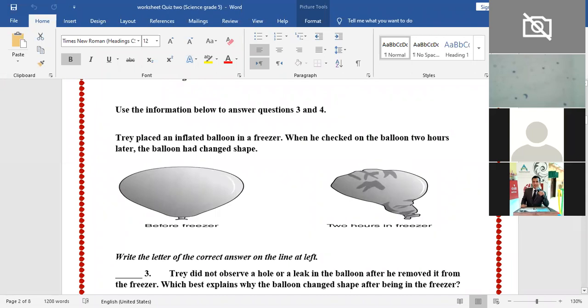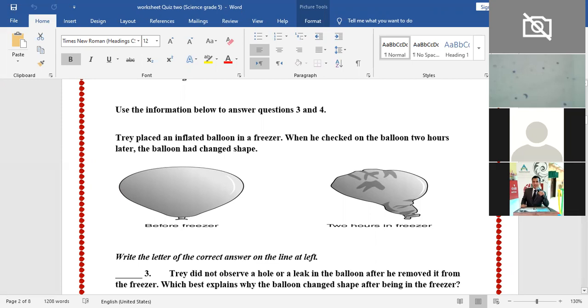Terry placed an inflated balloon in a freezer. When he checked on the balloon 2 hours later, the balloon had changed shape.